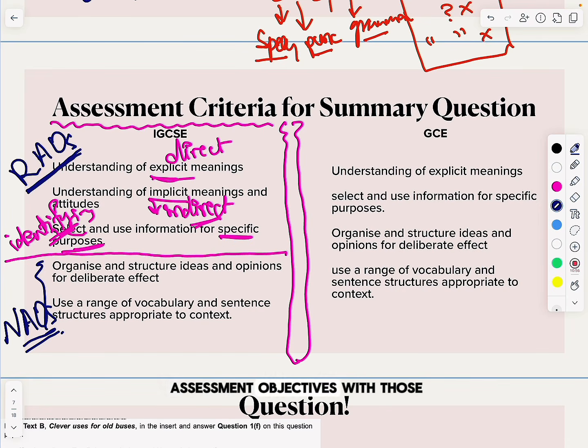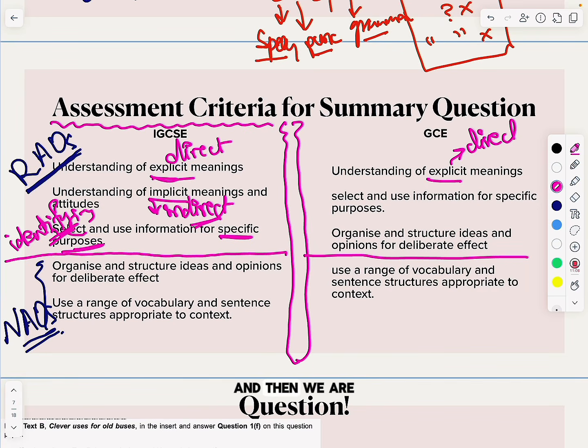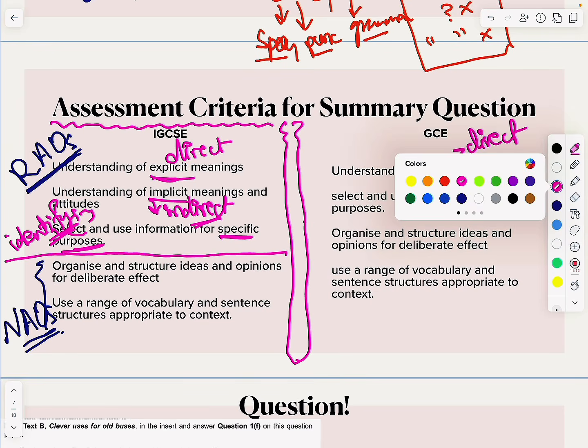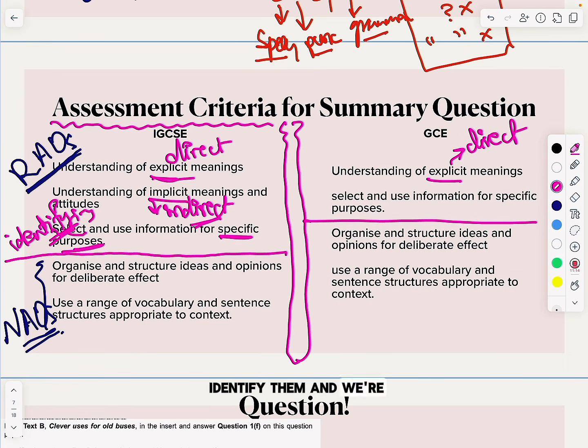Let's compare the reading assessment objectives with those of GCE. GCE asks you to figure out explicit meanings, which means direct points are going to be figured out, and then we're going to identify them and we're going to write them down.